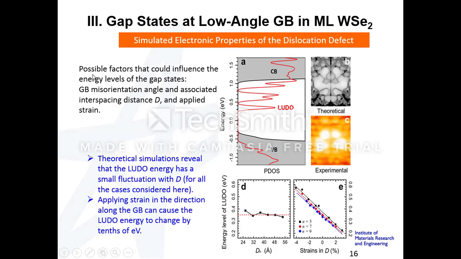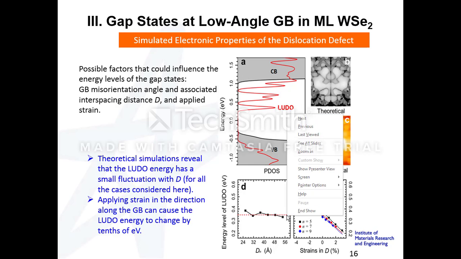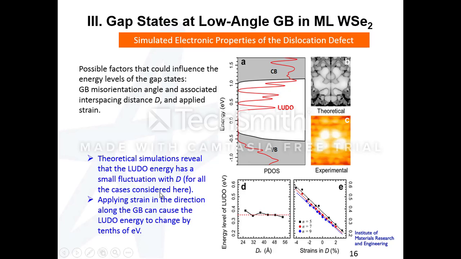And finally, we also evaluated some factors that can influence the energy level of the gap state. We consider the dislocation angle and also applied strain. This calculation is based on the ribbon model. From this simulation, we see that only a small variation of the energy of the DOOD is observed.